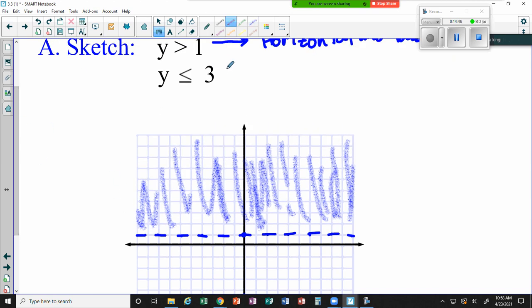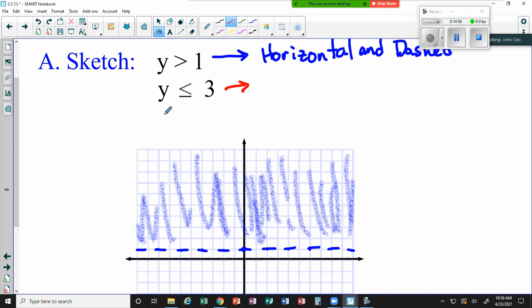Now I'm going to graph the next one. We'll graph that one in a different color. We'll use red. So, again, it's y. There's no x. So this is a horizontal line. Is it solid or dashed? This one's solid because it's equal to, right?